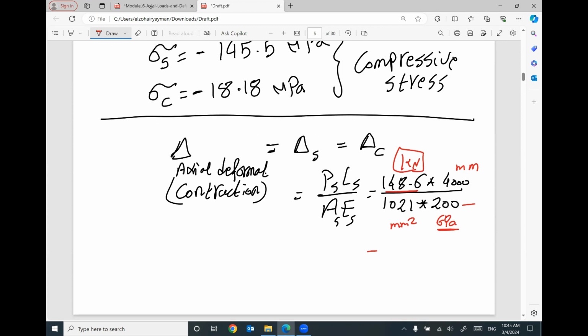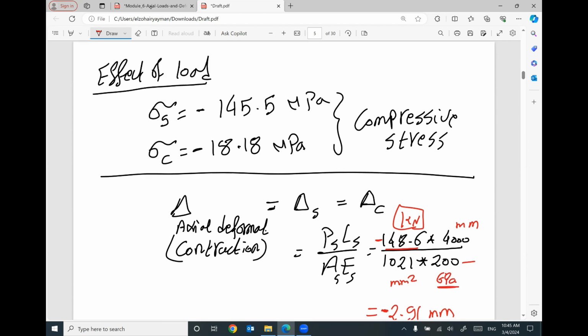It will be the same, no change. 148.6 times 4000 divided by 1021 times 200. I got 2.91 millimeter. Contraction means negative value. Why this one is negative value? Because the applied force is compression force. This effect due to the load.